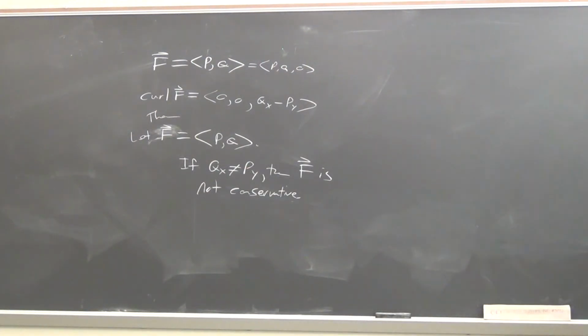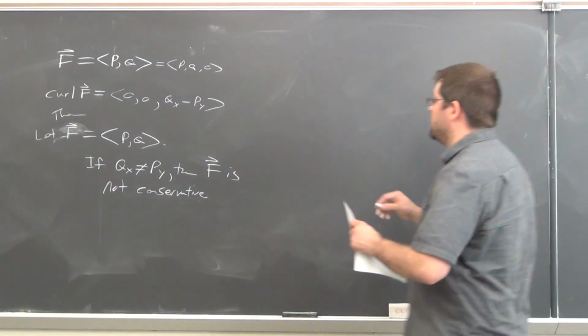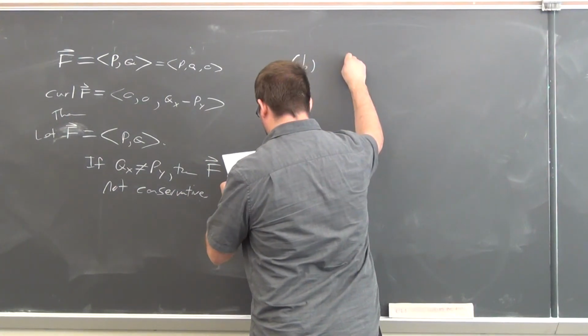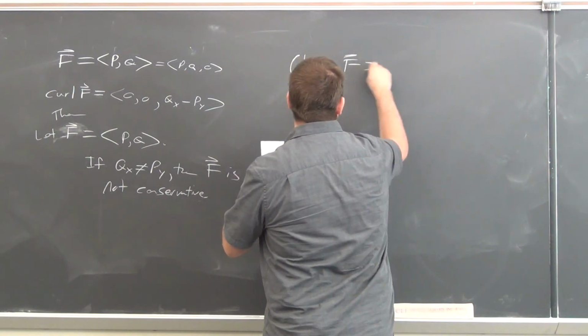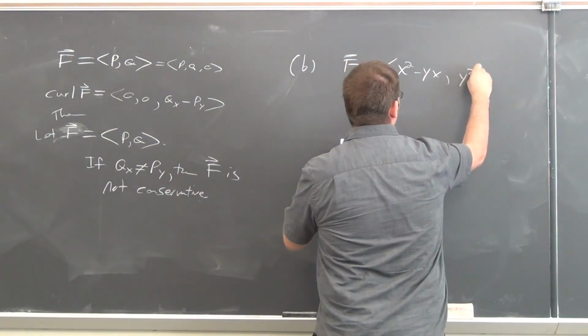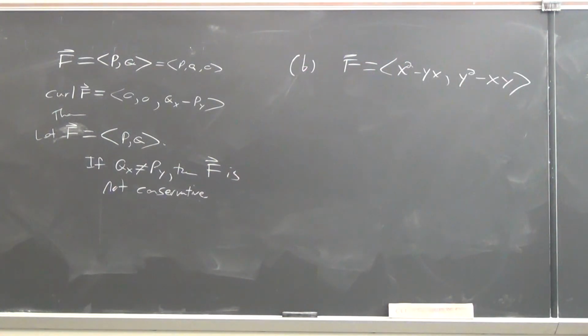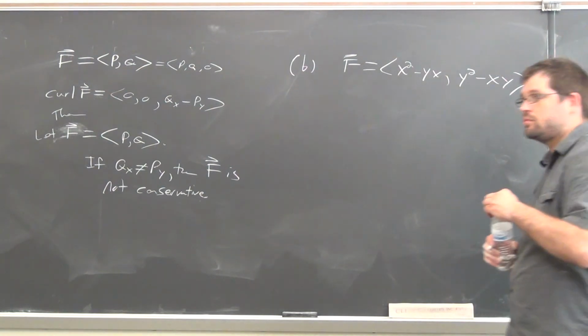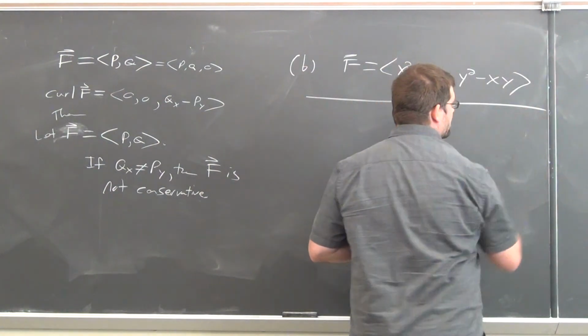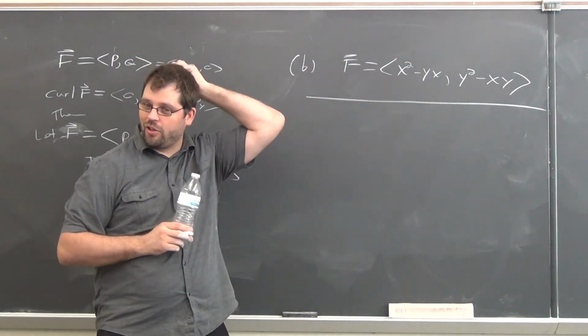So let's do one more example here. Show this, so same direction, show this guy's not conservative. And so I'll just do a little two-dimensional one here. All right, so you could just throw a 0 on the end and take the curl of it, right?